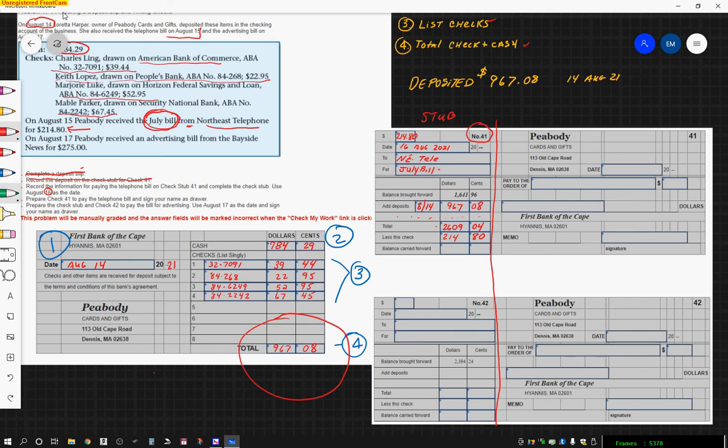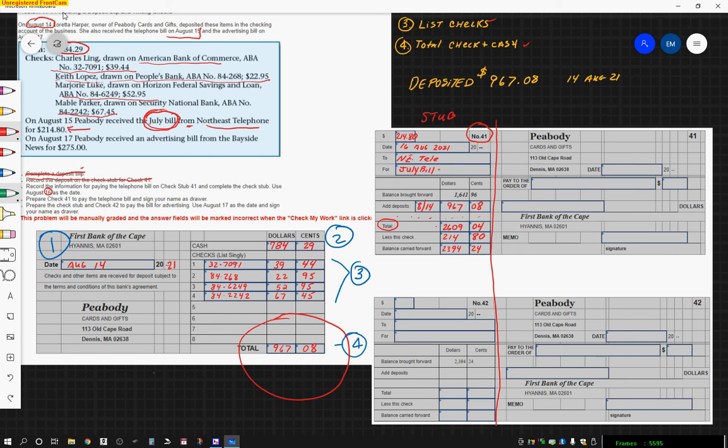If we subtract the $214.80 from this total that we have right here, which was the sum of the previous balance brought forward and the deposit, we're going to come up with $2,394.24. That completes everything.